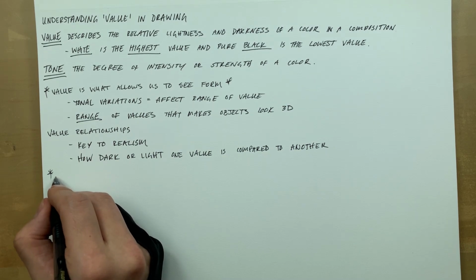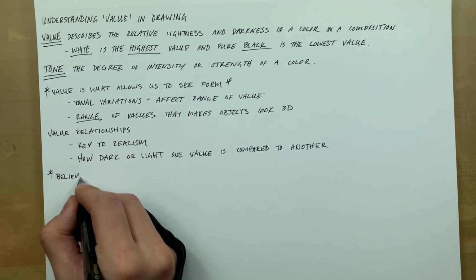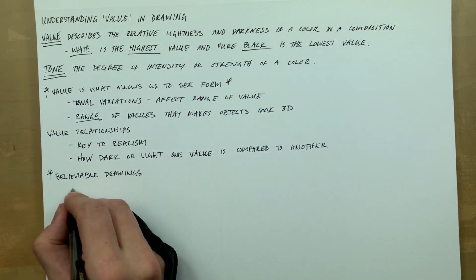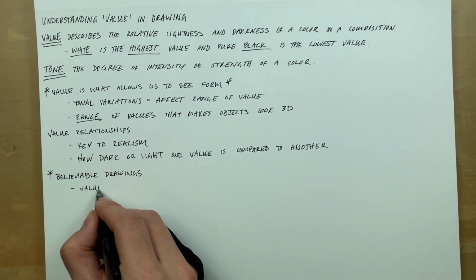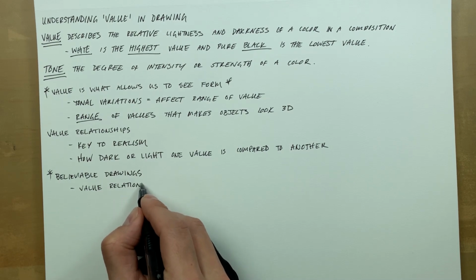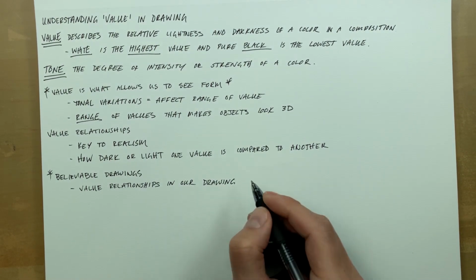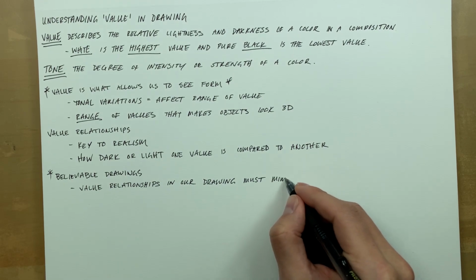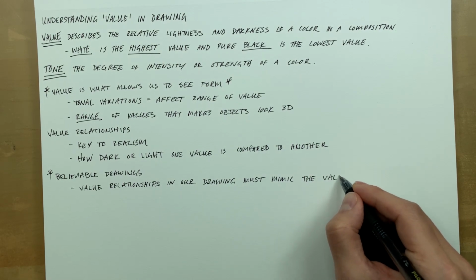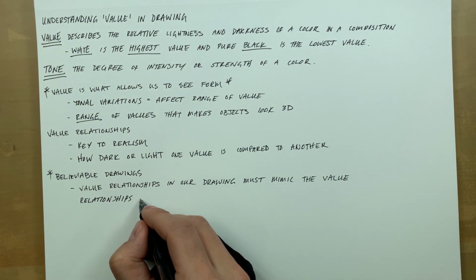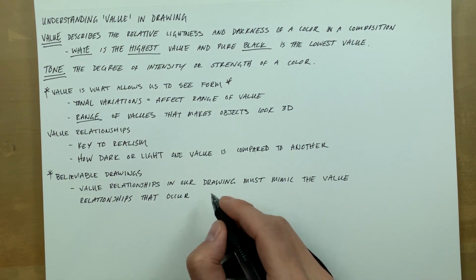Now, in believable drawings, value relationships in our drawing must mimic the value relationships that occur in life, or say, for example, in your reference image. So if you have darker values in the reference, you want to make sure that you mimic that in your drawings on paper.